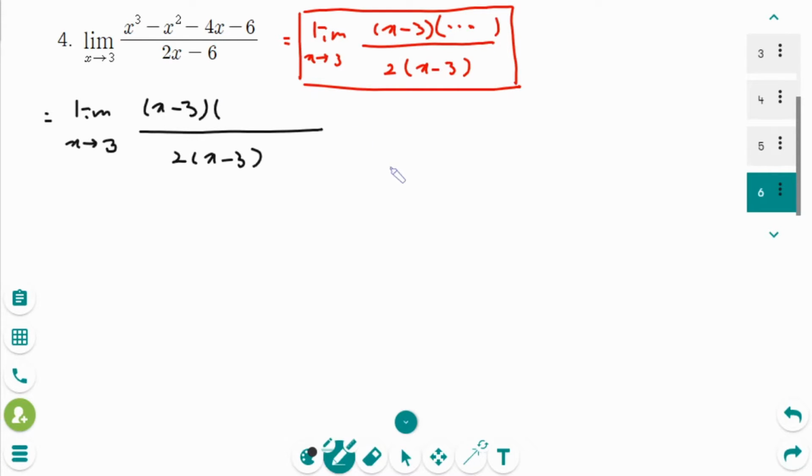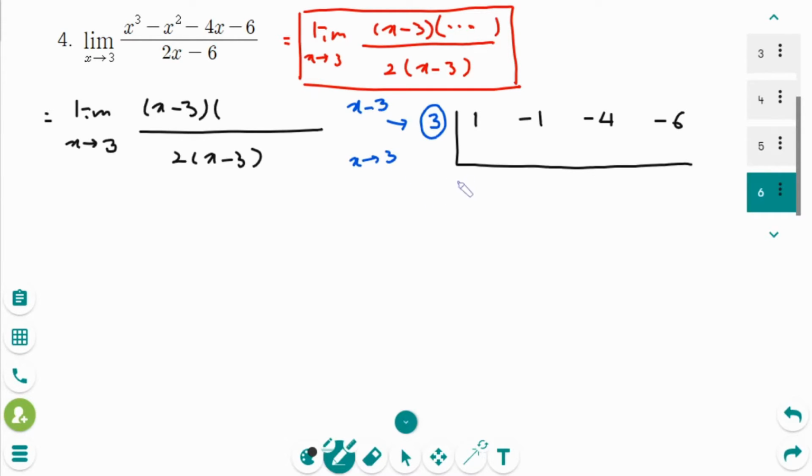I will use synthetic division again. So let's copy the coefficients: 1, minus 1, minus 4, minus 6. And then you use 3, from x minus 3 or x approaches 3.